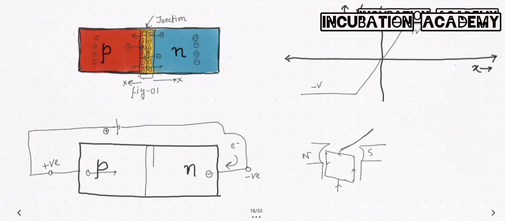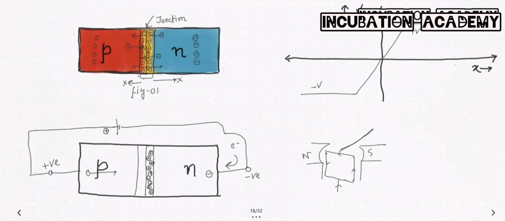Now just think of the two sides of the barrier. It comprises lots of positively charged immobile ions that cannot move from their place, because they have lost their electrons; they have given those electrons to the p side by the process of diffusion.